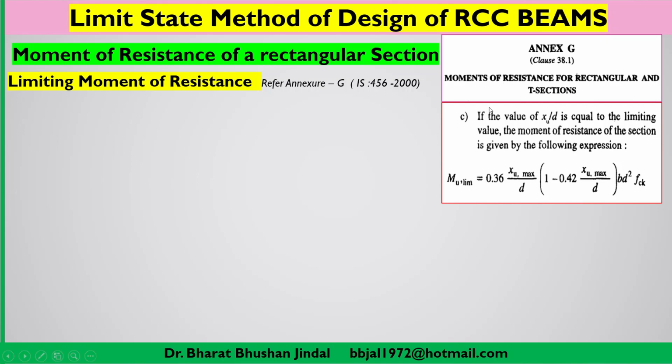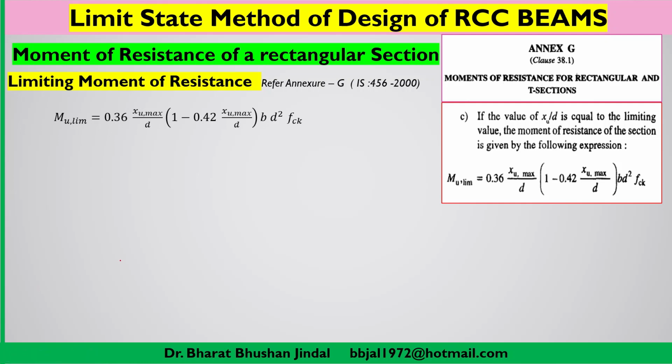So you have come across this type of formula, that is Mu limit is equal to 0.36 xu max, that is xu max means limiting value of depth of the neutral axis, and here small d was the effective depth of the section and fck is the grade of the concrete, that means it is the characteristic compressive strength based on the grade of the concrete.